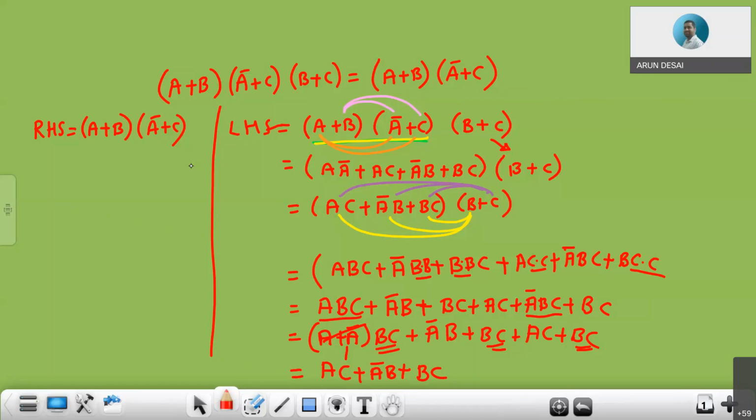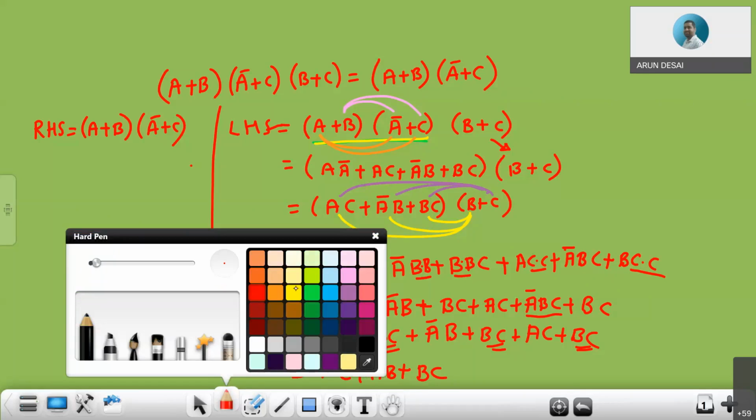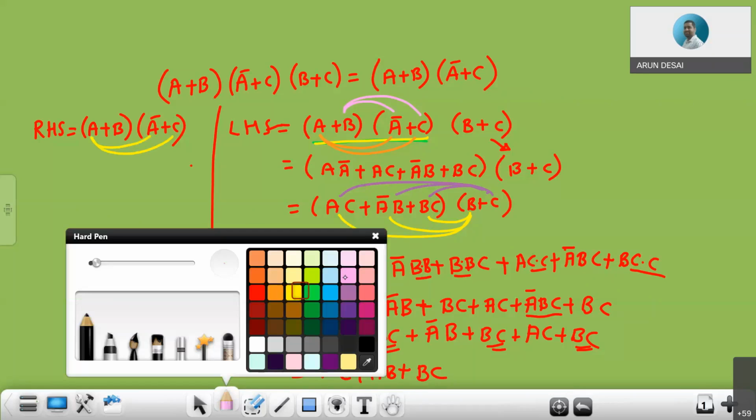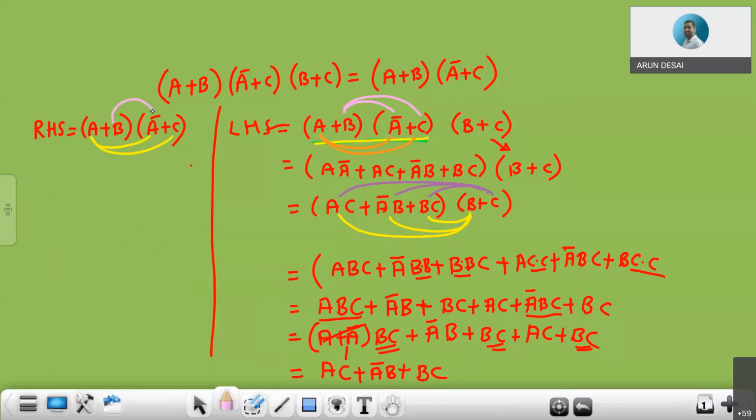Try to solve RHS. What you need to do in RHS is A into A complement, B into C, and then B into A complement and B into C, right?